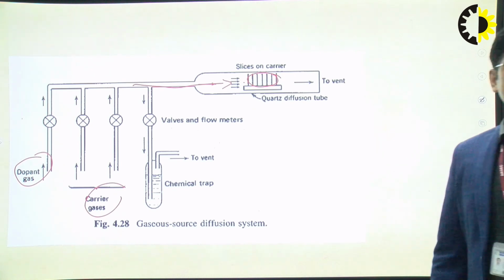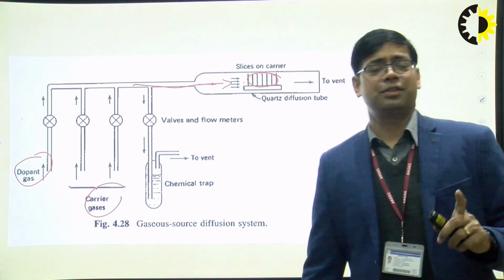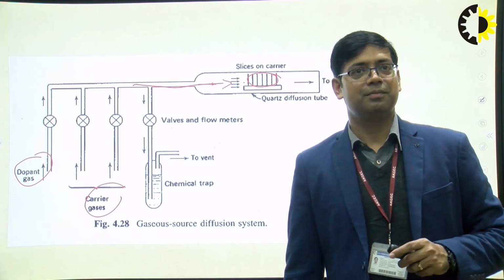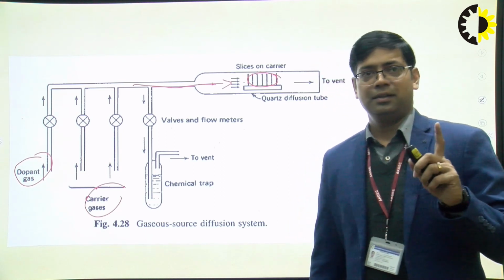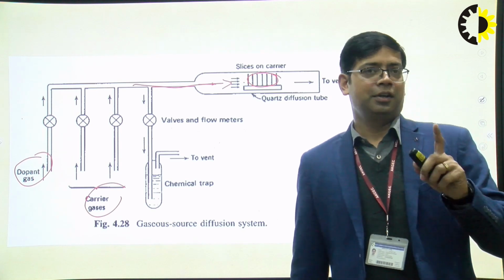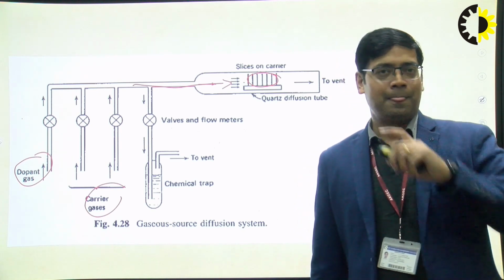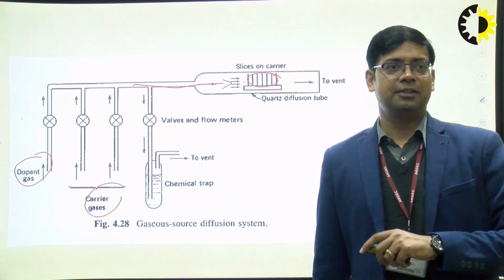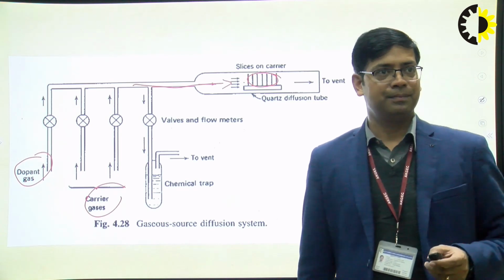So these are the three types of diffusion system: solid source, liquid source, and gaseous source diffusion system. So today we discussed three topics. One is diffusion mechanisms. Second, we discussed doping profiles, and the third is diffusion systems.